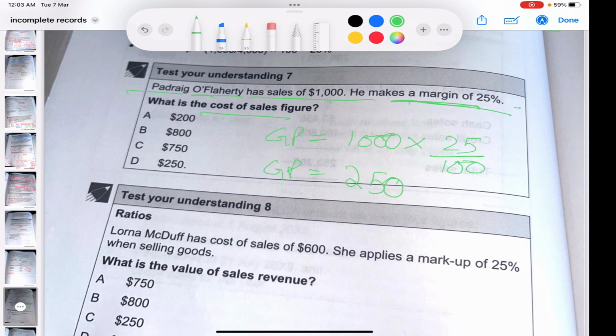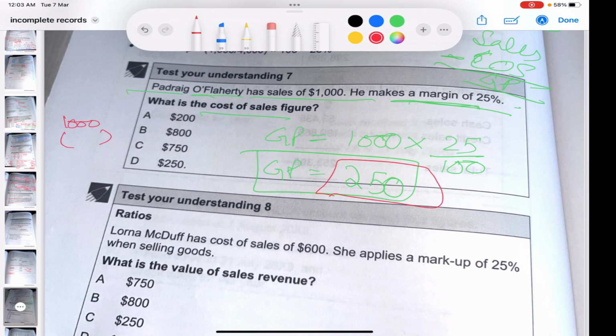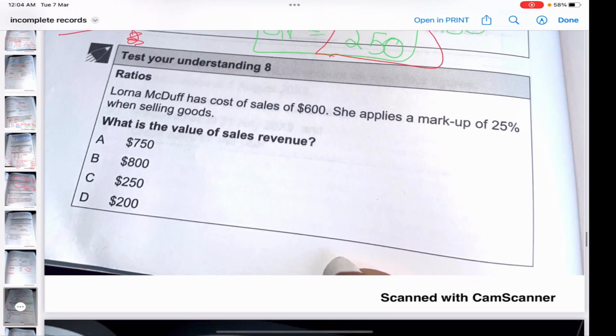Now you remember the formula, sales minus cost of sales will give me gross profit. So now we have the value of gross profit, and we have sales. So sales minus cost of sales equals 250. Do the LHS, RHS, and you will get the cost of sales. I hope you got it.